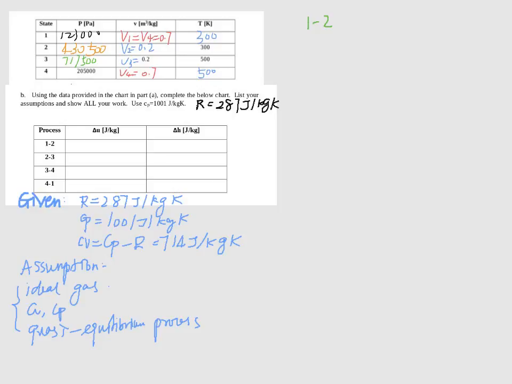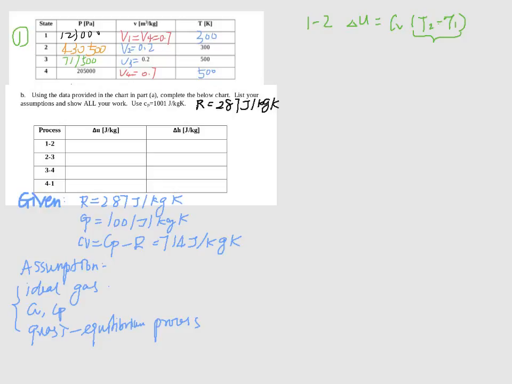Let's first look at internal energy. Internal energy is Cv delta T, so T2 minus T1. So let's look at T2 and T1. From this table, say this is table 1, table 1 says state 1 and 2, the temperature, they're the same.